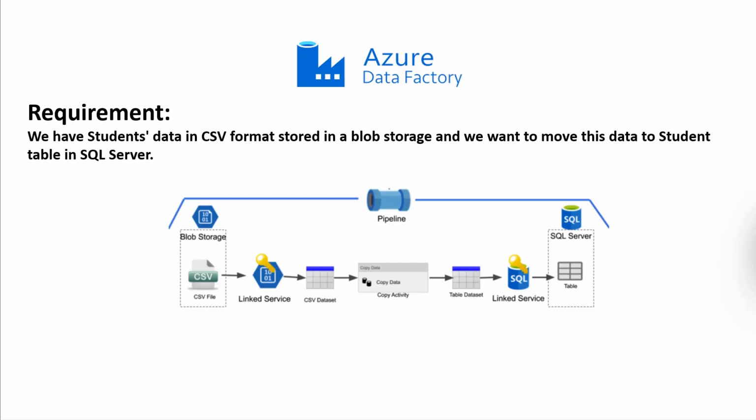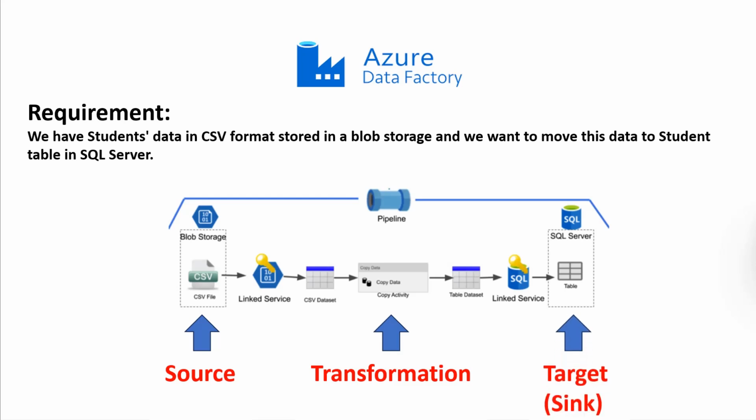The thing that I'd like to explain here, and you need to know about this at this stage, is we've got a source system here. Our source system is a blob storage, and we have our data stored here in CSV format. We want to extract data from this data source, transform this data and make it ready for storing into a SQL Server table.